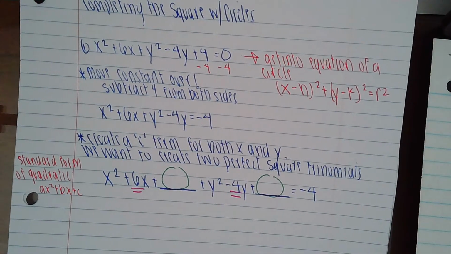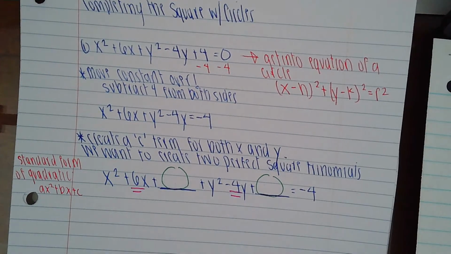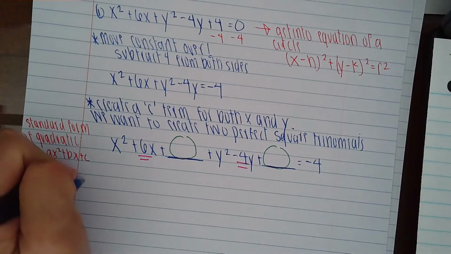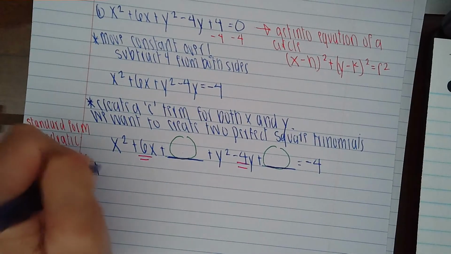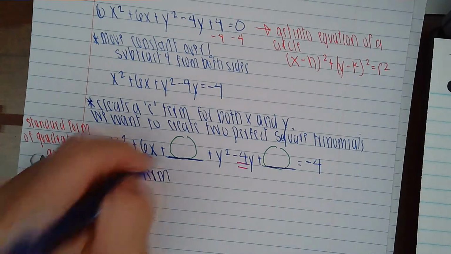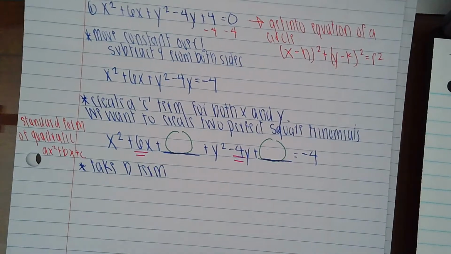Well, we're going to force this to be a perfect square, right? So we're going to take our b term, divide it by 2, and then square it.